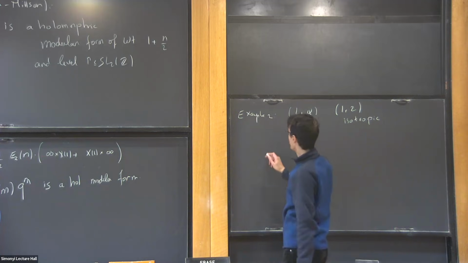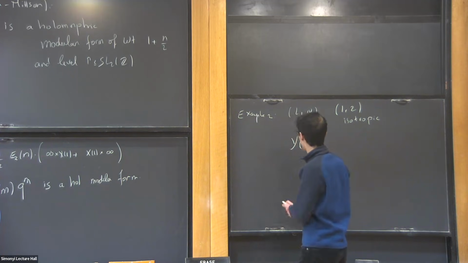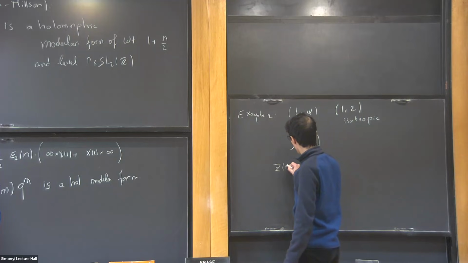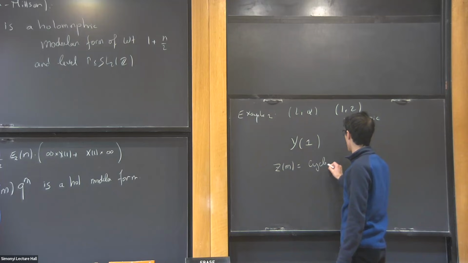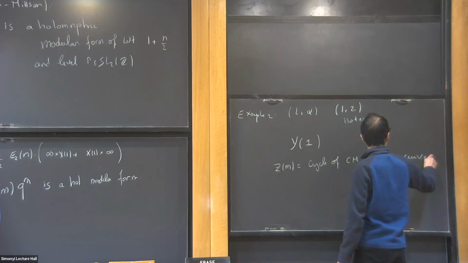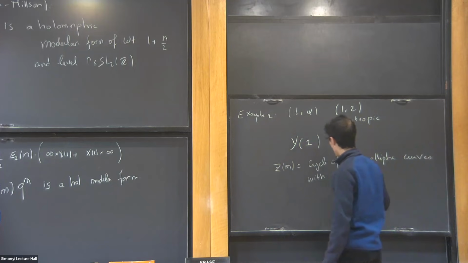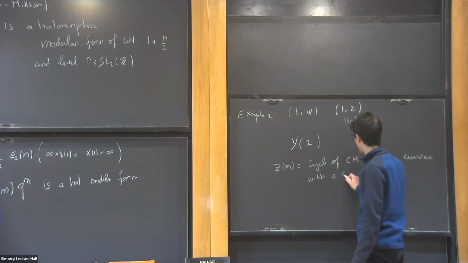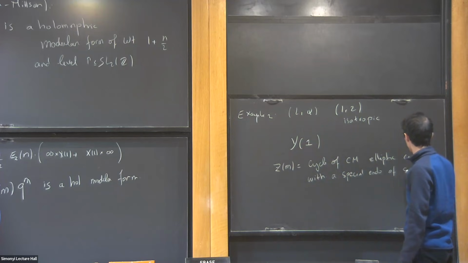Then you get in this example just the modular curve as the Shimura variety, and the cycles Z of M will be just some cycles of CM elliptic curves with a special endomorphism, a trace 0 endomorphism of square minus n.